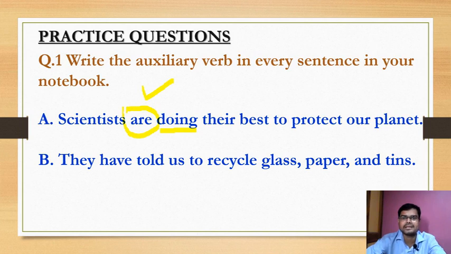We have already seen am, is, are, do, does, have, has and had. These are the auxiliary verbs. So once again you can see here have is there. So the correct answer is have. Understood? Very nice.